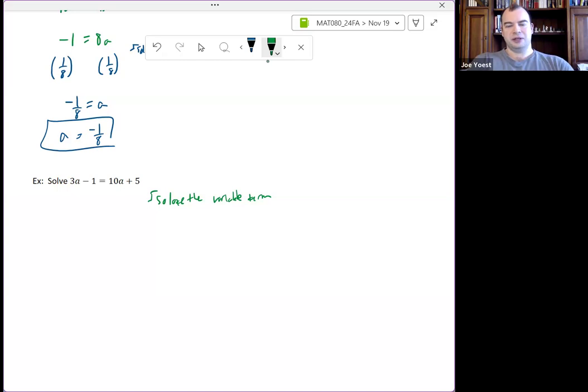But for right now, we're going to break this into two component parts. We're going to break this into, I guess I'll use red. I'm not really warning against anything here, but just looking for a different color. Isolate the variable term. We'll try to get the variable terms together.